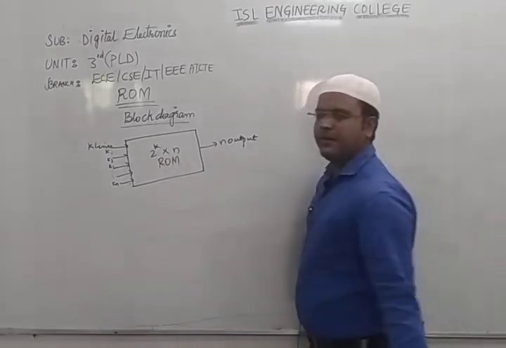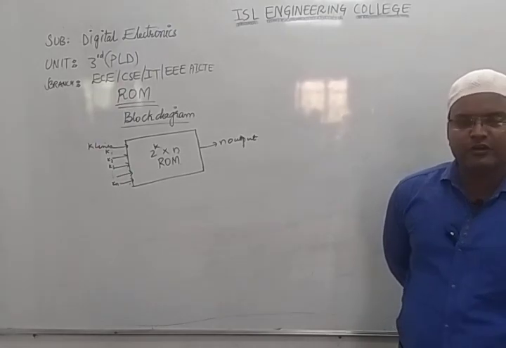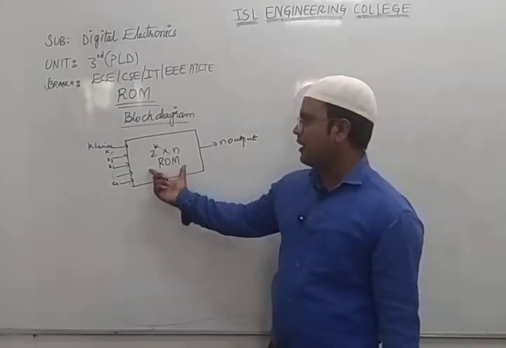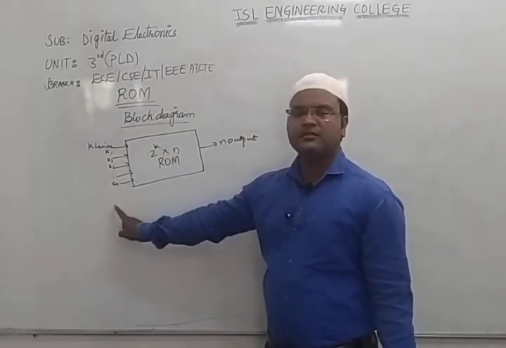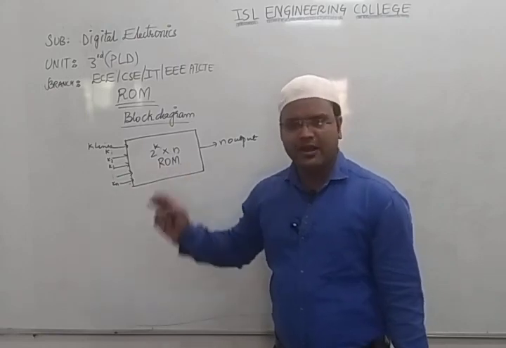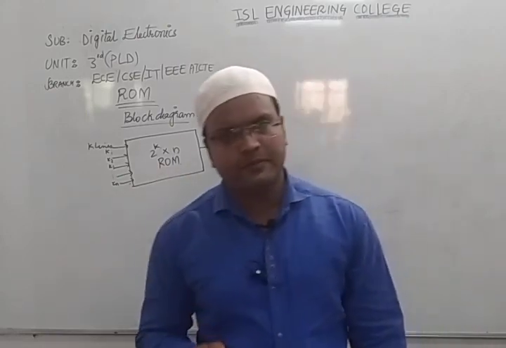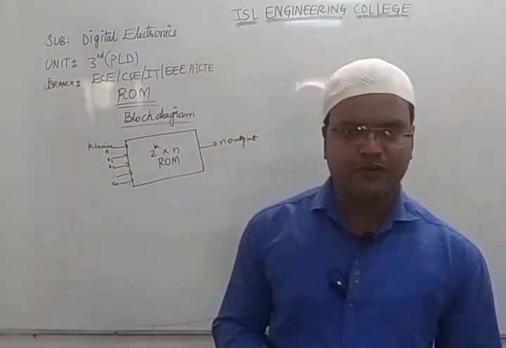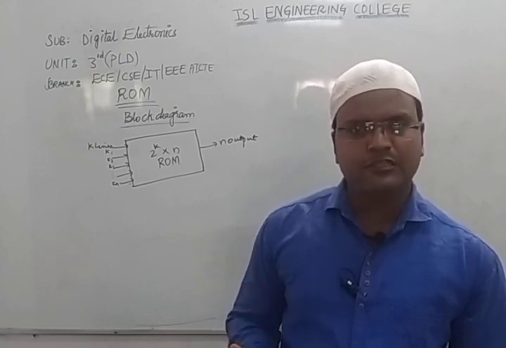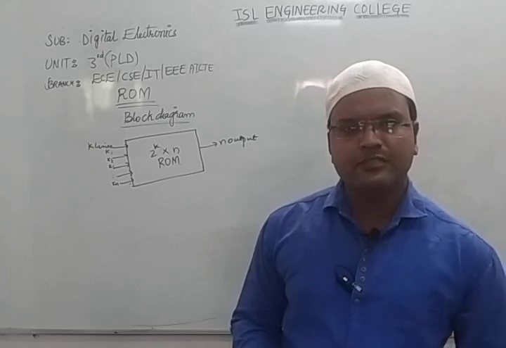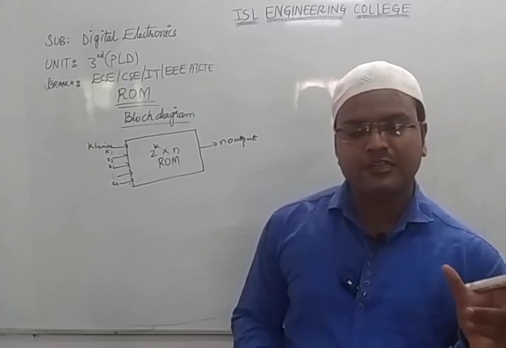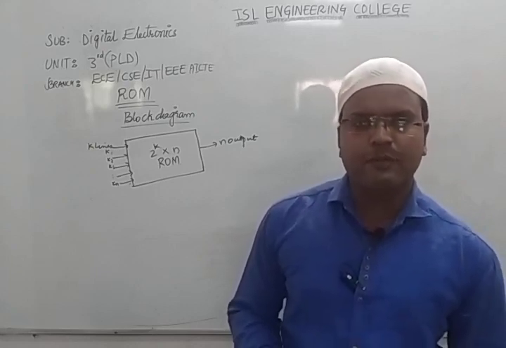So read-only memory. In that, what is the first thing we are going to do, students? We are going to see its block diagram, where k indicates the input lines. Input lines depend upon the address. To do any kind of memory part, we have to go for three parts. One is the address bus or address lines. Second is giving the information in separate lines, that is nothing but the memory location. We should know the memory location.